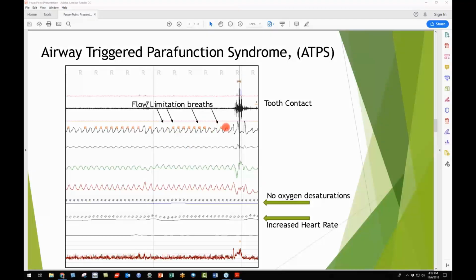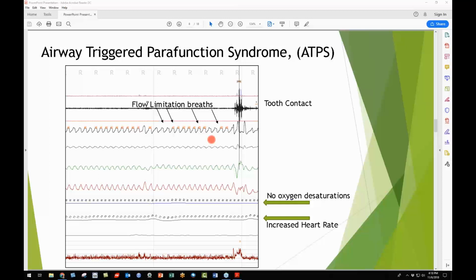If you see where my cursor's going, there's a bunch of little orange squares on each of those breaths. Those squiggly lines are from a cannula, and that's the patient inhaling and exhaling. The software that we use in the Knox T3 allows us to detect flow-limited breaths. Flow-limited breaths are very, very important to be able to detect, and I'll tell you why. They trigger as much parafunction as anything else that we see.